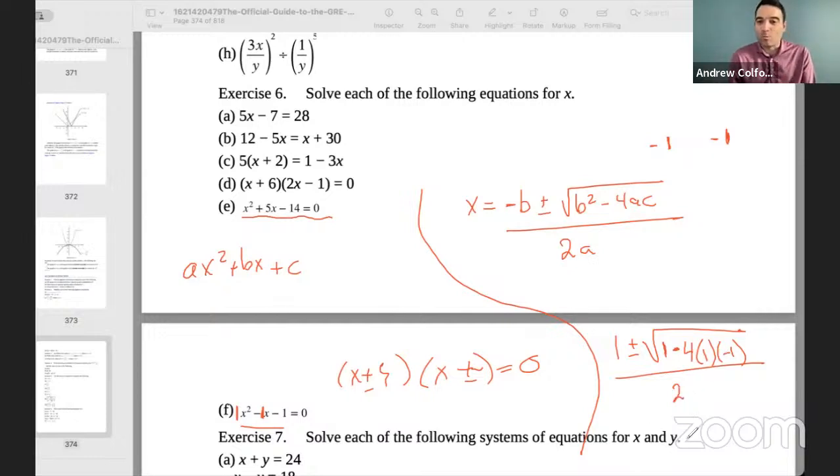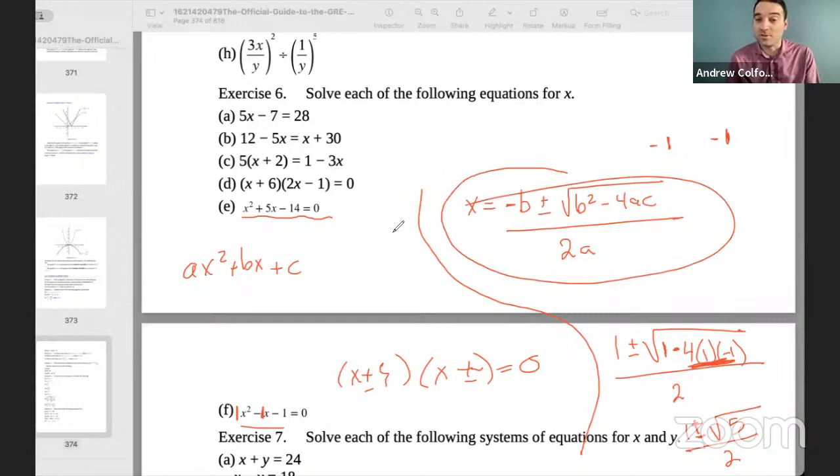When I solve this, I get 1 plus or minus the square root of 1 plus 4, because when I multiply these together, I get -4 times -1. That's +4. So 1 plus or minus the square root of 5, all over 2. So you get your solutions, whatever they are, but they're not pretty, right? They don't factor nice and easily. Really, the only way to solve this one would be to use the quadratic formula.